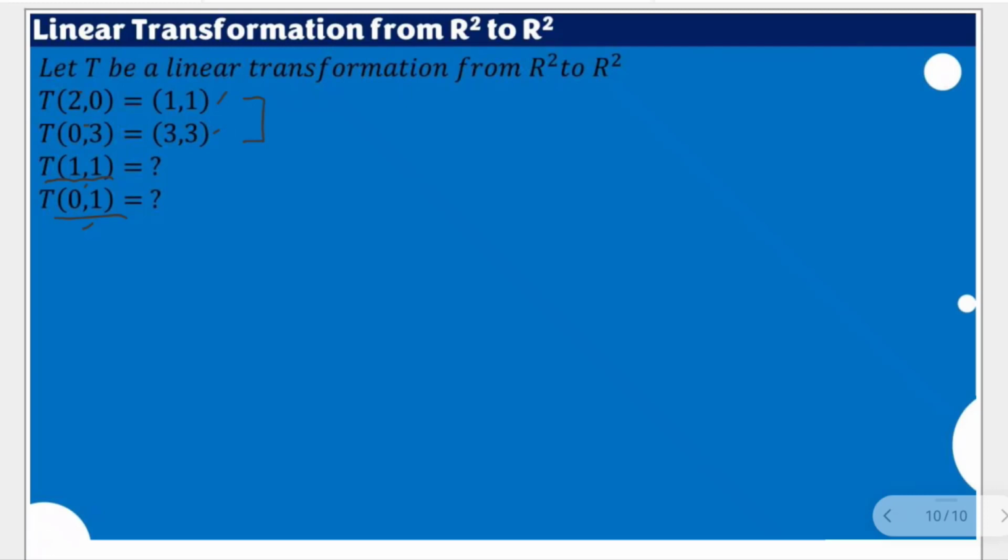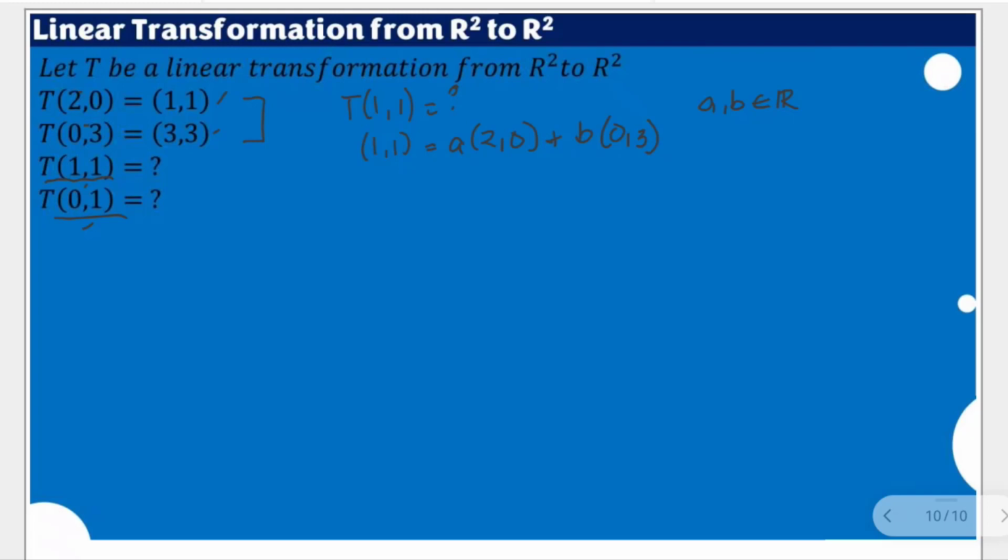Again, for T of (1, 1), we are going to represent first this vector (1, 1) as a linear combination of (2, 0) and (0, 3), using a(2, 0) plus b(0, 3), where a and b are elements of the real numbers. In short, we are going to solve for these specific variables first so that we could come up with a correct process later.